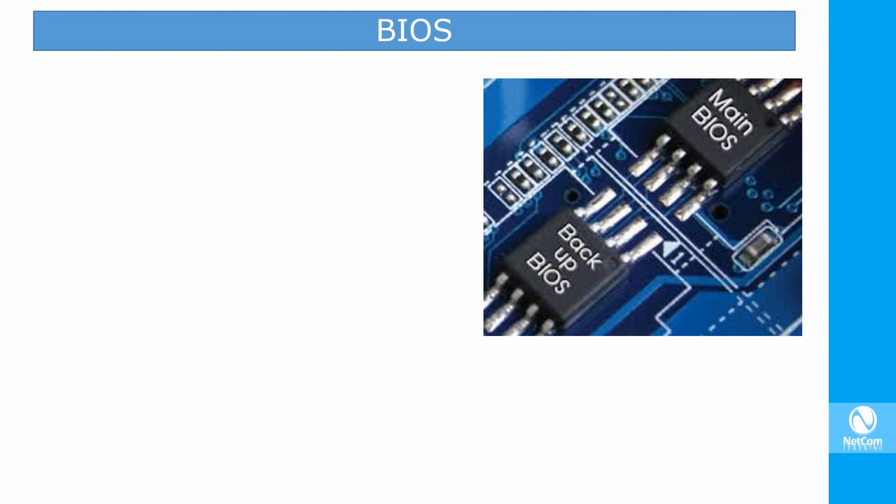If something happens to the main BIOS, usually the backup BIOS will deploy a fresh version of the instruction set to the main BIOS without causing an interruption of the service. The process of upgrading your system BIOS or system ROM BIOS is called flashing the BIOS.